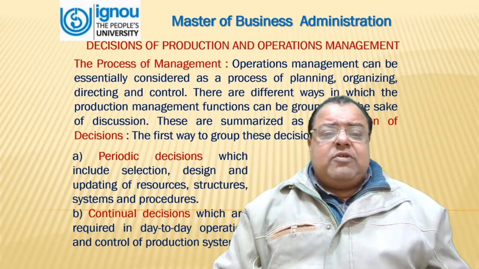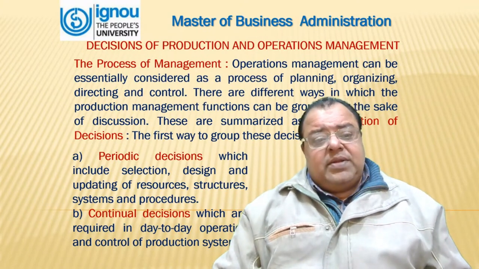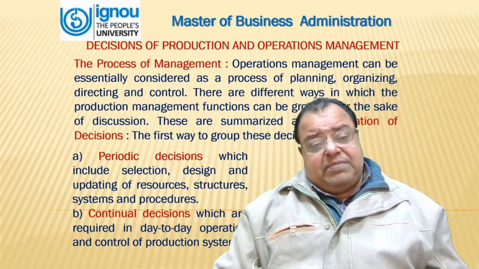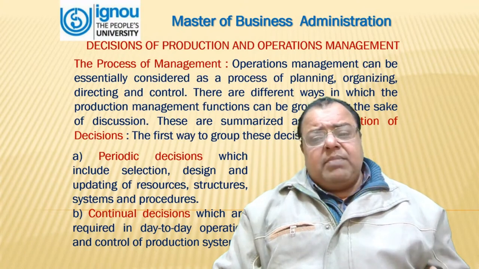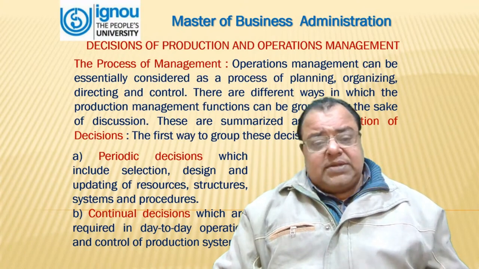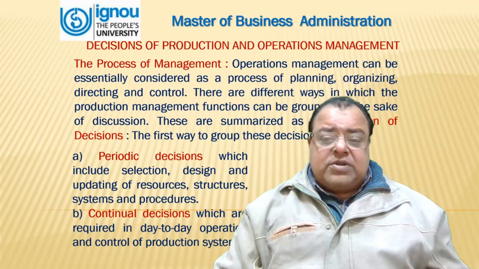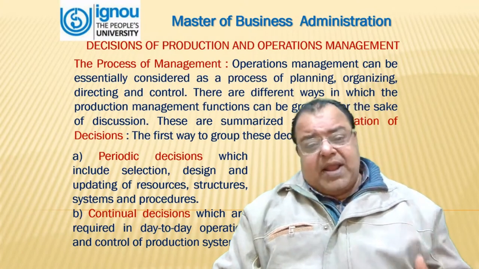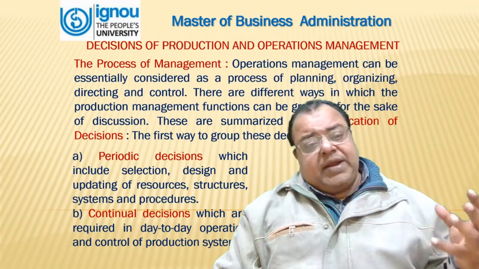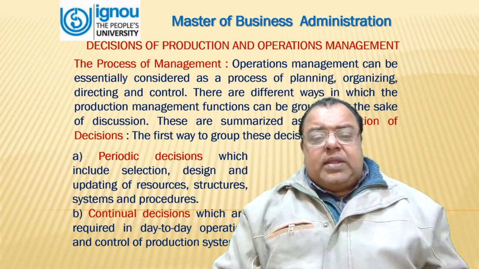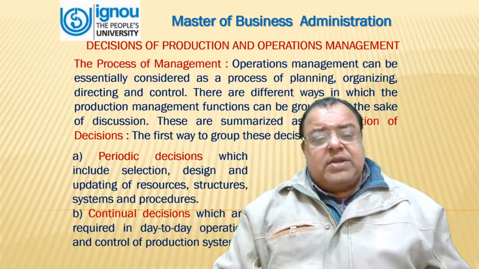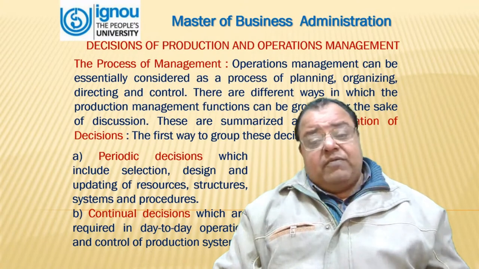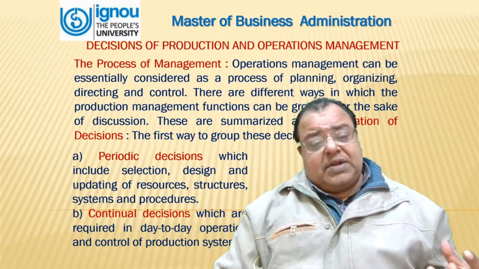Now, decisions of production and operation management. The process of management: operation management can be essentially considered as a process of planning, organizing, directing, and controlling. There are different ways in which the production management functions can be grouped for the sake of discussion.